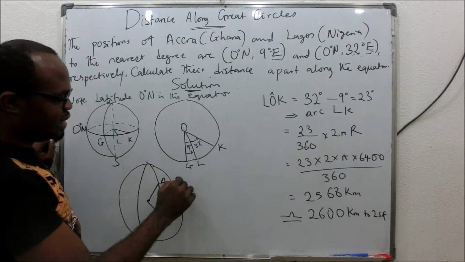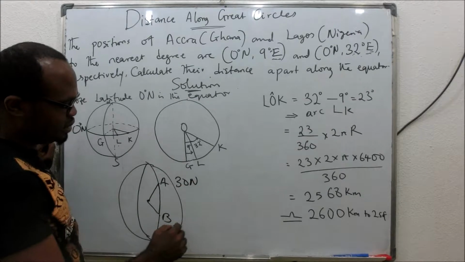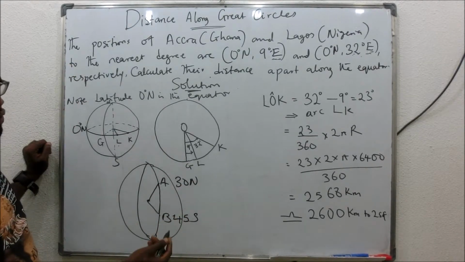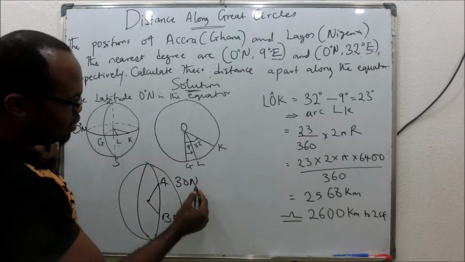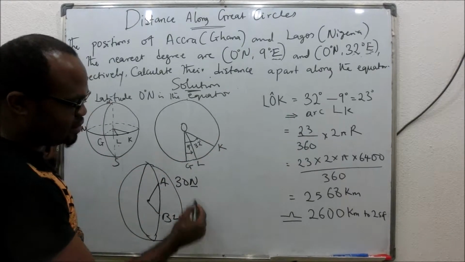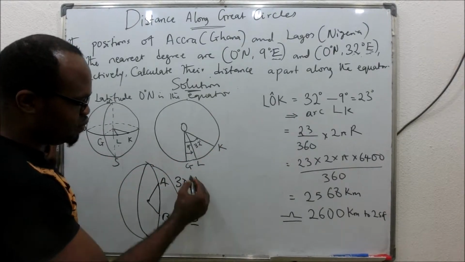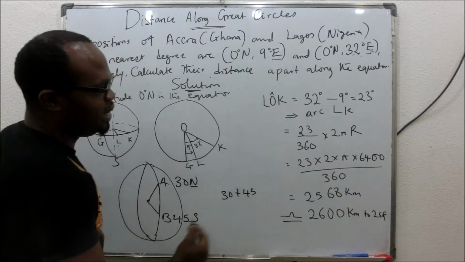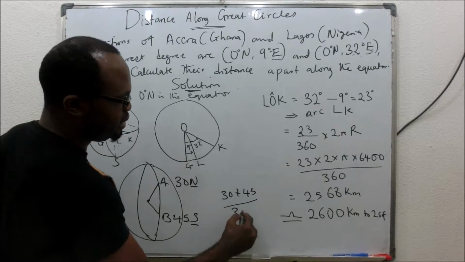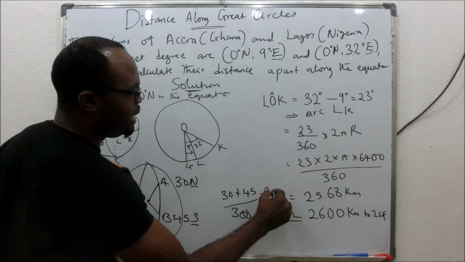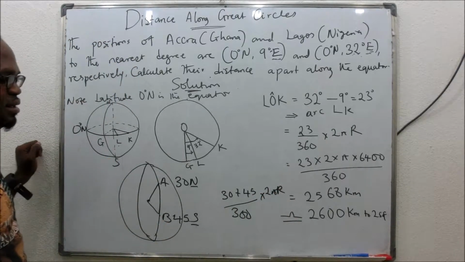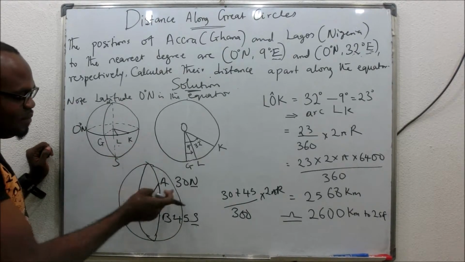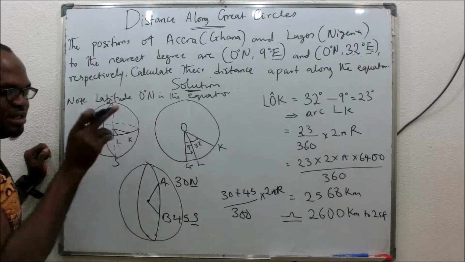If you have here 30 north and here 45 south, the same thing you do here, but since you have north and south, they are not the same, so you have to add. So you have 30 plus 45. Anything you get, all over 360 times 2 pi r. The same thing. So just check whether you are calculating across the equator or across the meridians.